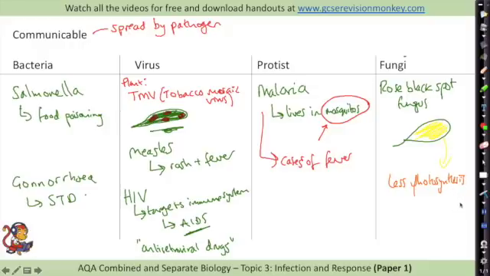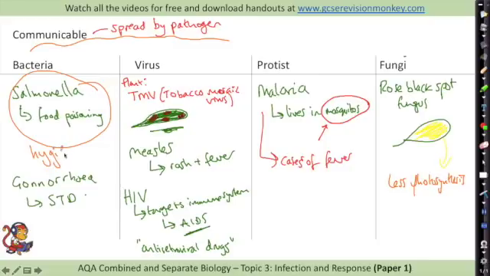So there are a number of ways that you would be able to control the spread of pathogens that cause these communicable diseases. For example, in the case of salmonella, you're going to be wanting to be hygienic. For the case of gonorrhea, you're going to be wanting to practice safe sex and use barrier methods.